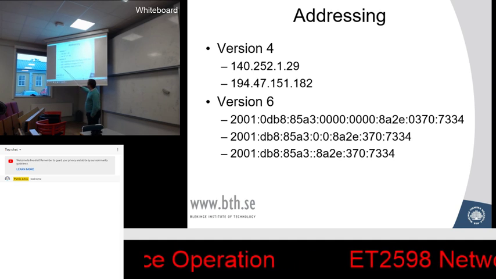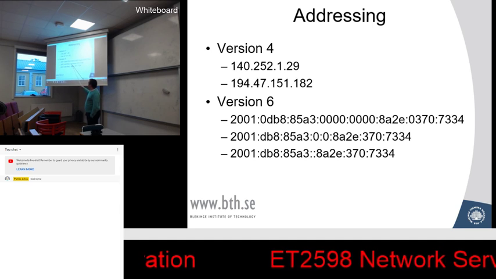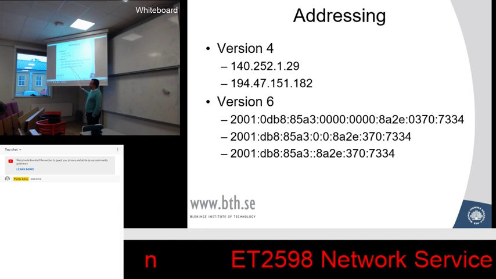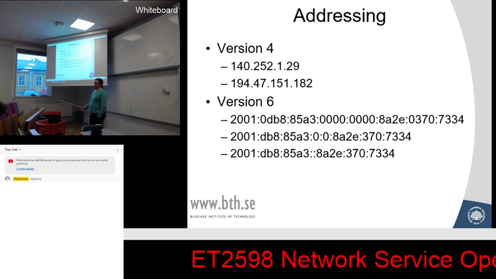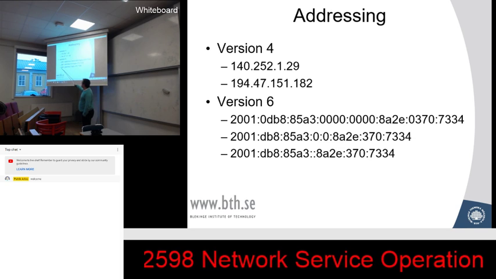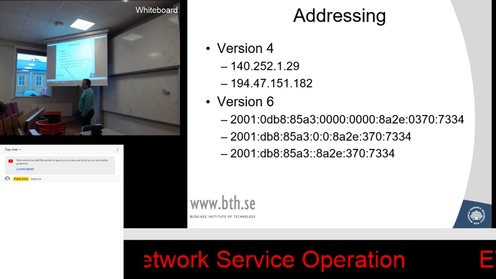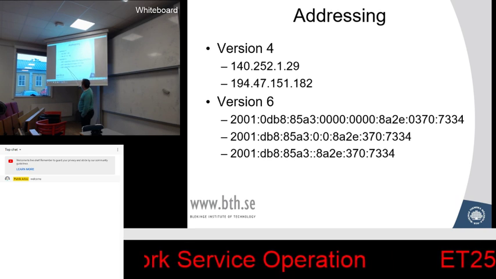And then to shorten it even further, you can replace multiple sequences of zeros with just a double colon. So then when you decode it, it's going to be 21, blah, blah, blah. Ah, there's something missing here. It's supposed to be 4, add a 0, blah, blah, blah.